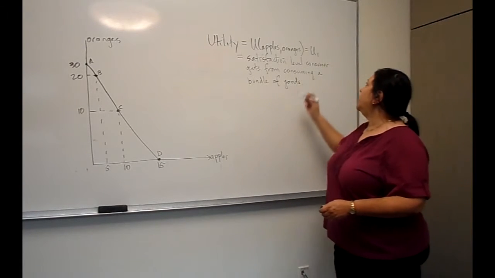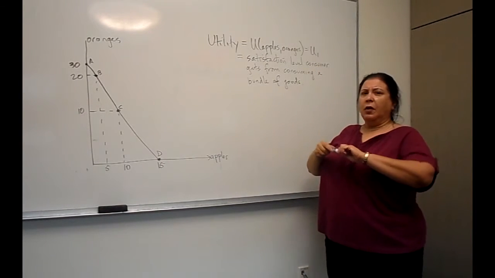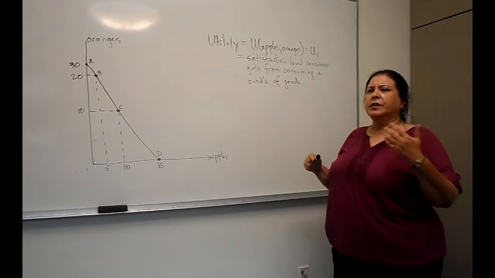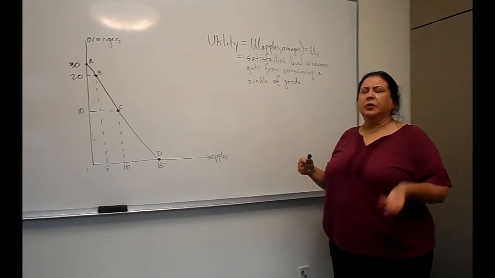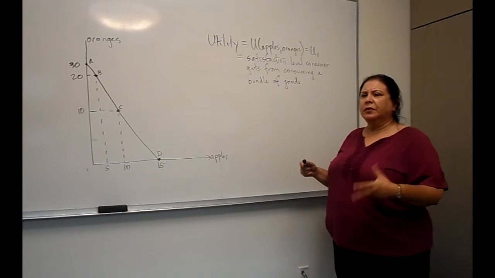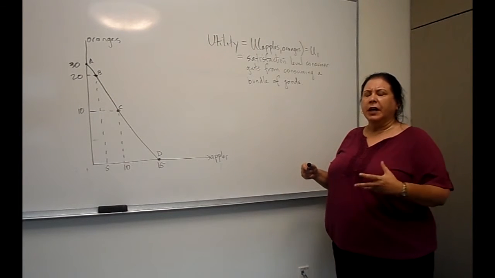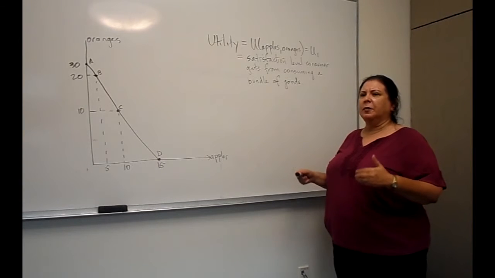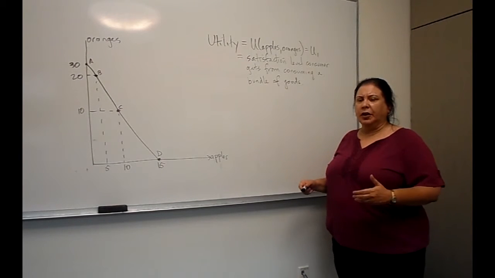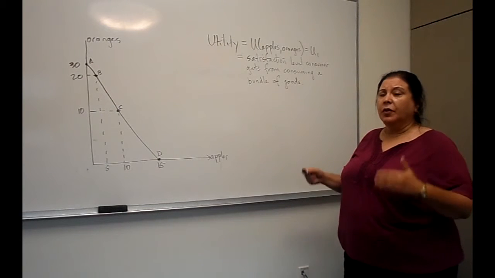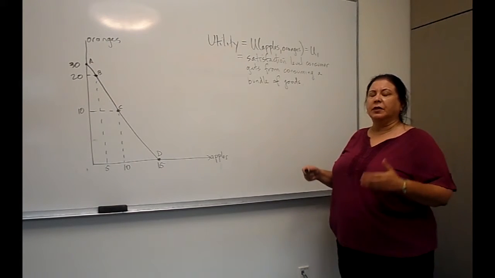Okay, and it's going to be a real number. So what we're assuming is that you can assign a real number to any particular bundle of goods that the consumer is going to consume, and that number represents the amount of satisfaction the consumer gets from consuming that bundle of goods. And the higher the index number, the more the consumer likes the bundle of goods.